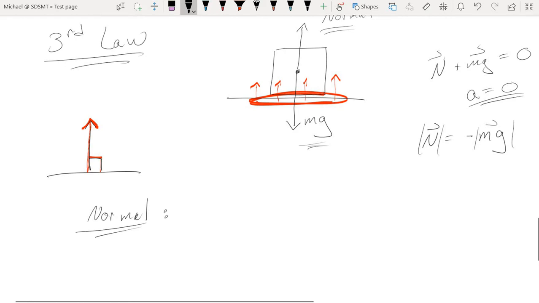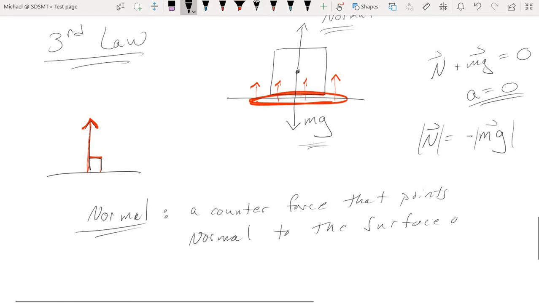So the normal force is a counterforce that points normal to the surface of contact. And this is a necessity right here.